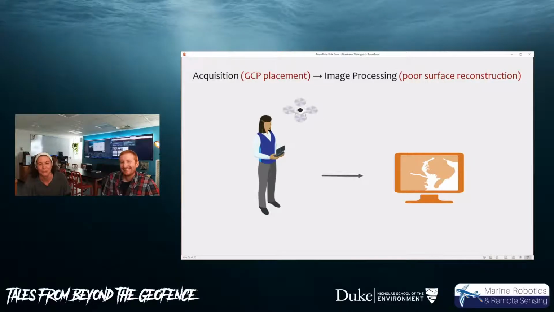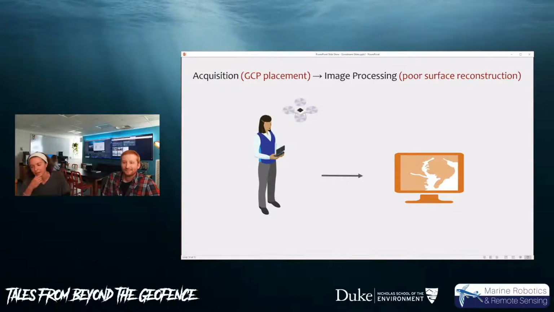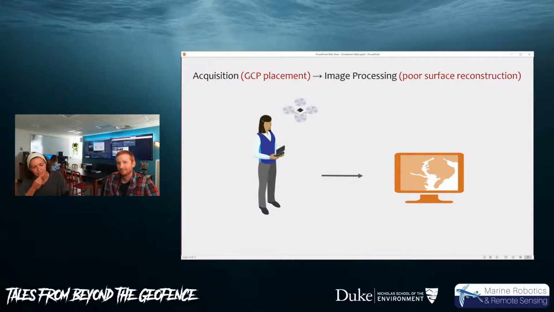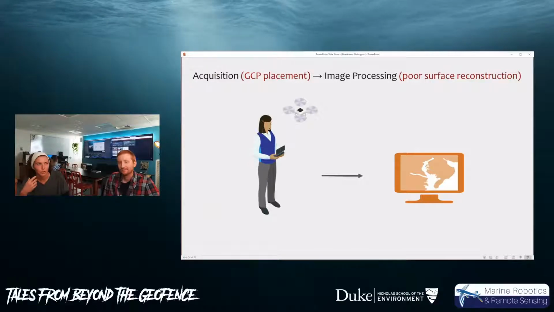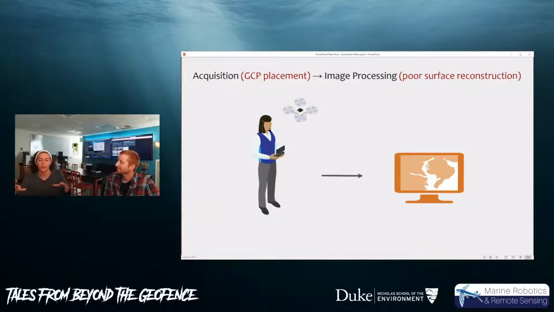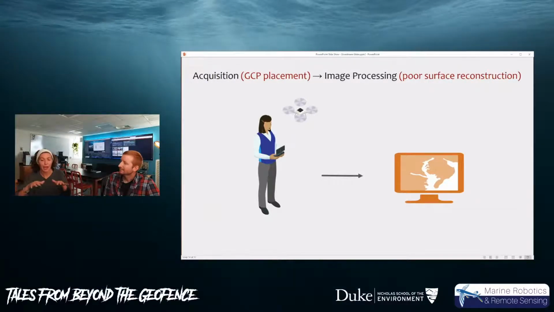All right, so the last example we have here, like Justin said, brings in the idea of how to create an accurate surface of a marsh environment. And marsh environments in general are very flat environments.